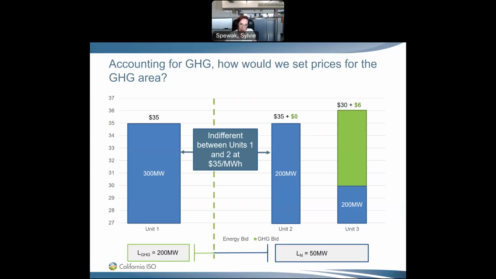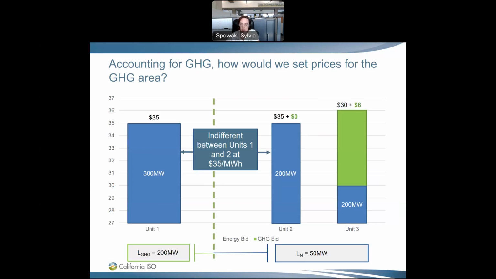In this case, I noted that it's unusual, and it's unusual because not only do we not know what the export allocation is, but it also doesn't matter. We're going to get the same clearing price for what the marginal cost of GHG is, no matter what the transfer is from the non-GHG to the GHG area.